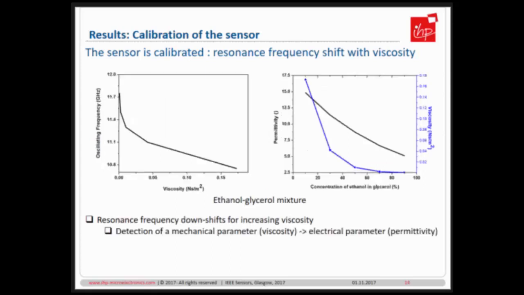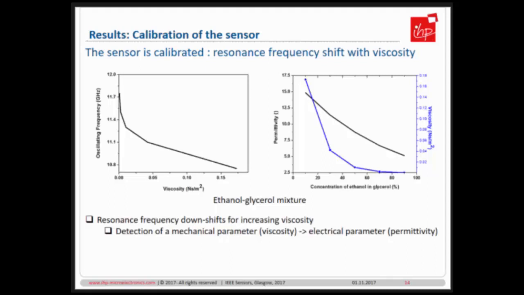But if you go for another material, let's say an ethanol and glycerol mixture, your resonant frequency decreases. However, the viscosity decreases as well, just as was the case of the water and glycerol mixture. But at the same time, the permittivity also decreases because ethanol has a lower permittivity compared to water and compared to glycerol as well. That's the reason, although in both cases the viscosity decreases, in one case the permittivity is increasing, and in the other case the permittivity is decreasing.